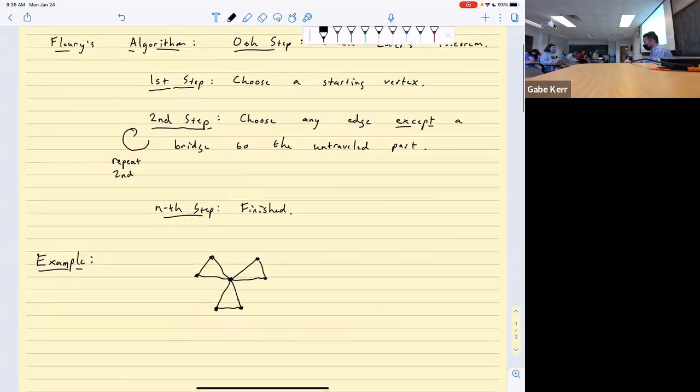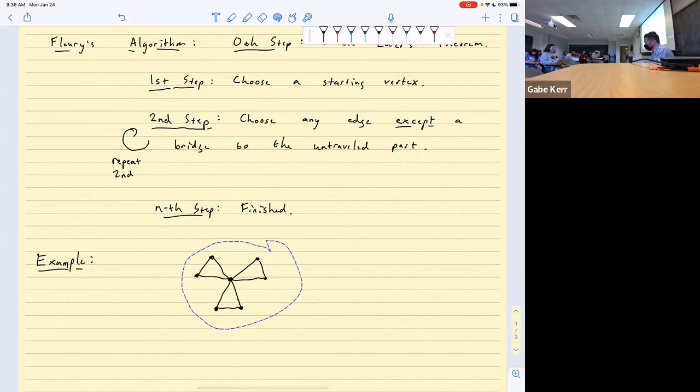All of them are even. So all of these guys have degree 2, meaning there are 2 edges coming into each of them. That's how we count the degree. This one here in the middle has 1, 2, 3, 4, 5, 6. So that's also even. So all of the vertices are even. So indeed, 0th step, we're successful.